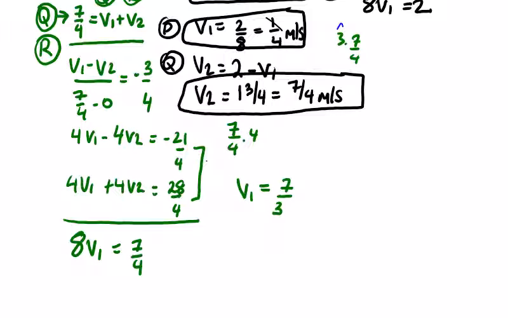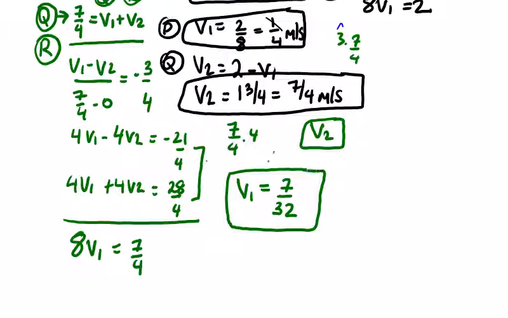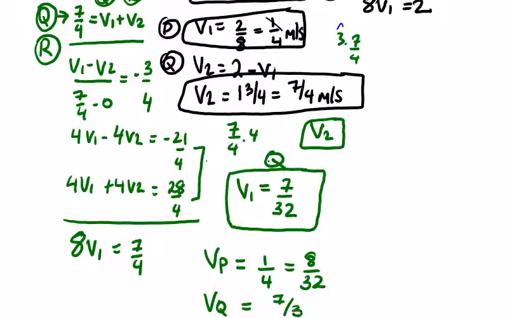We don't need v2 actually, we just need the speed of Q. And we're asked to show that P strikes it again, so the velocity of P after it strikes Q the first time is 1 over 4, which is equal to 8 over 32. And the velocity of Q is 7 over 32. So we can say that the velocity of P is greater than the velocity of Q. Therefore, it strikes the second time.